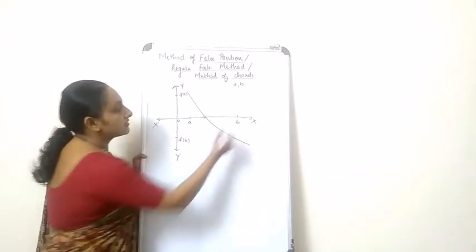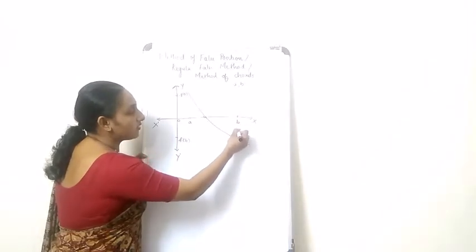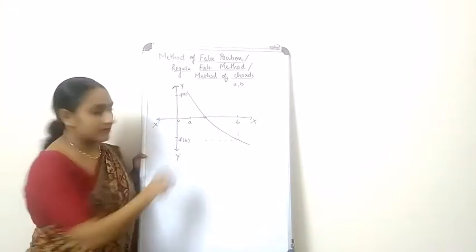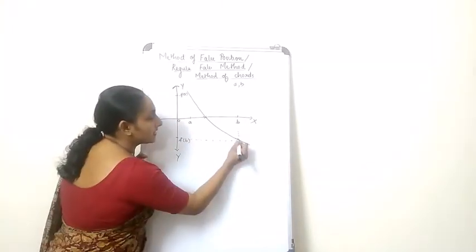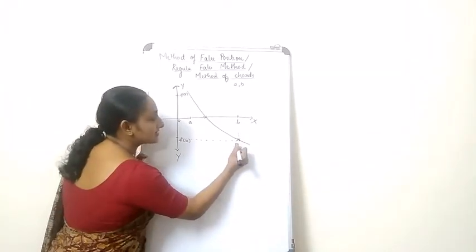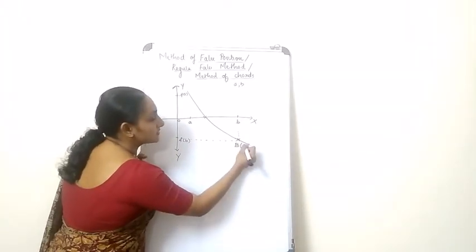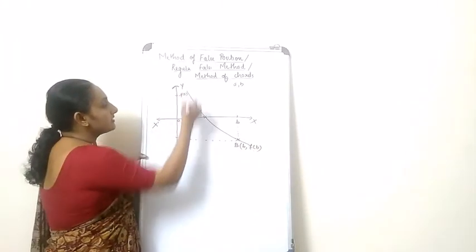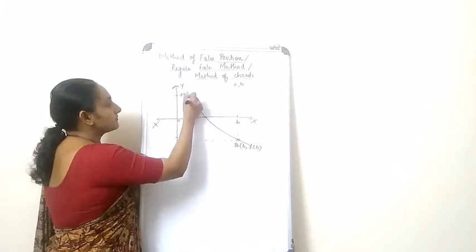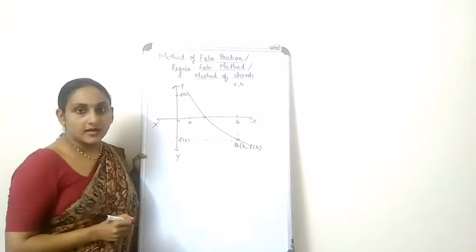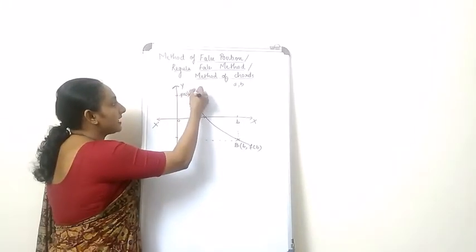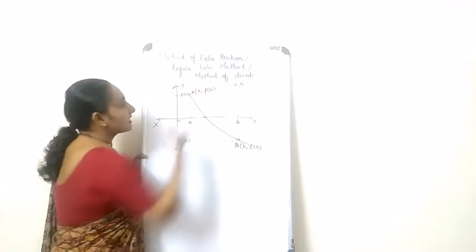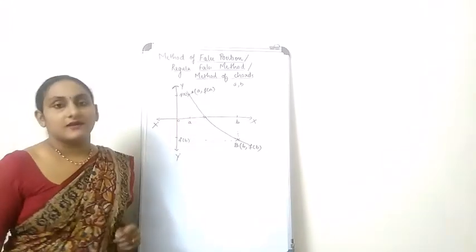Now we will have a close look at what happens over here. If I draw a line over here and connect it with f(b), and extend this line, then I get a point over here. I'm going to mark this point as (b, f(b)). And here also I draw lines, and I get a point (a, f(a)).